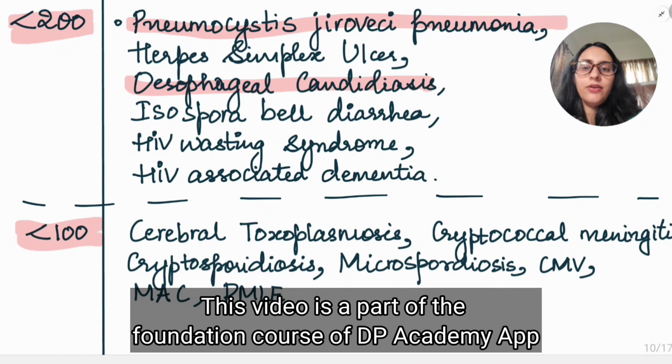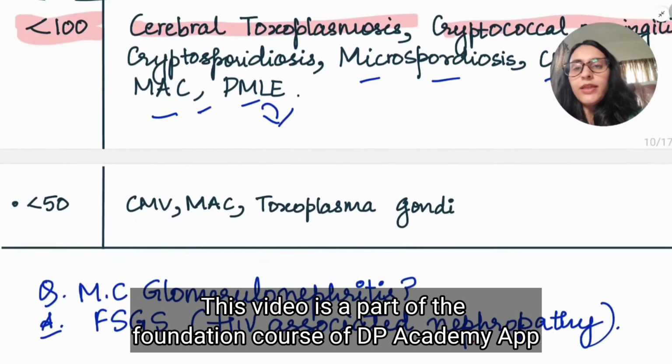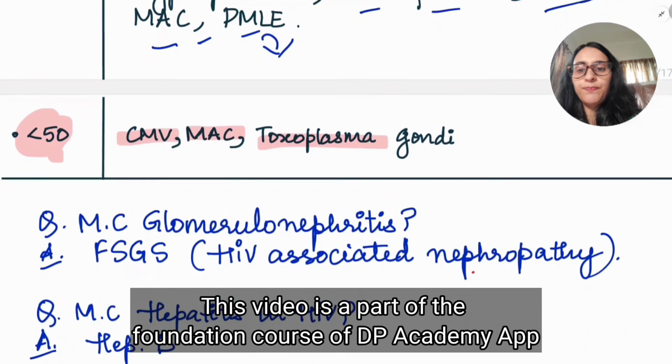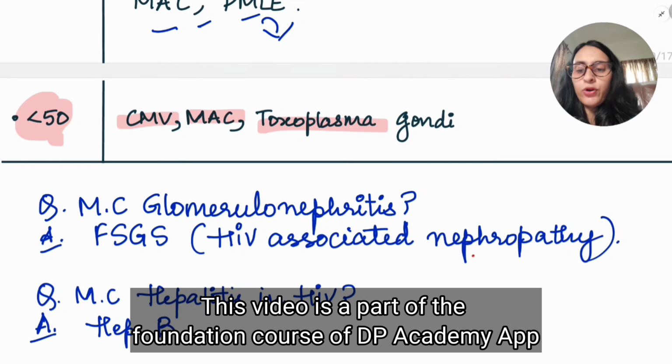If the CD4 count is less than 100, then the person can have all the diseases associated with the brain, like cerebral toxoplasmosis, cryptococcal meningitis, cryptosporidiosis, microsporidiosis, CMV cytomegalovirus, MAC, and progressive multifocal leukoencephalopathy. Then if the CD4 count is less than 50, there are only 3 things: cytomegalovirus, CMV, MAC, and toxoplasmosis.